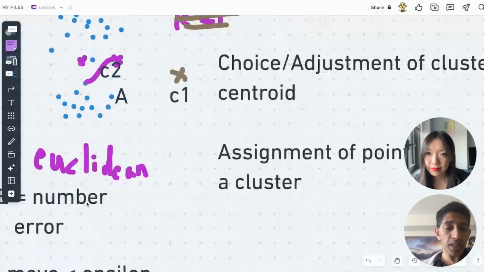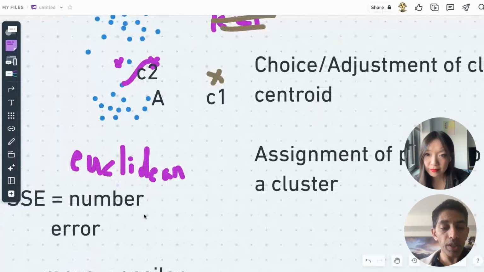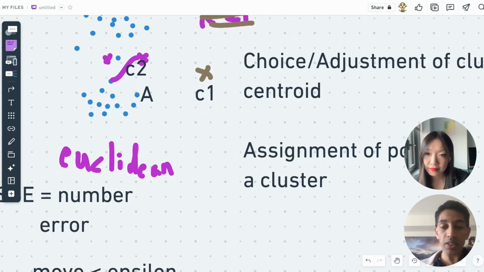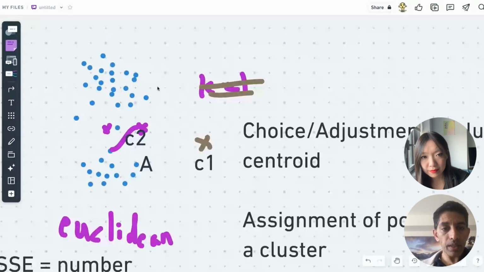This sum of squared errors is only used at this point as a side fact, quote unquote, because we are subsequently going to see how we use this when we get to choose or decide on the K. Now, we have assigned A to C2, and in this case, none of the data points may be assigned to C1 because it's so far out.